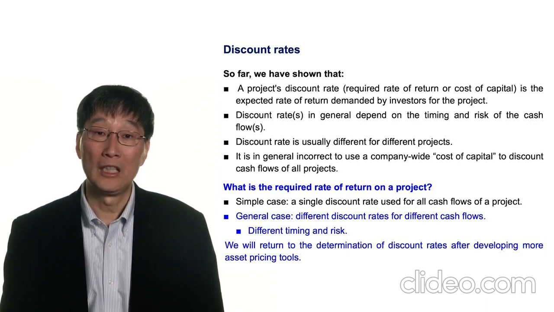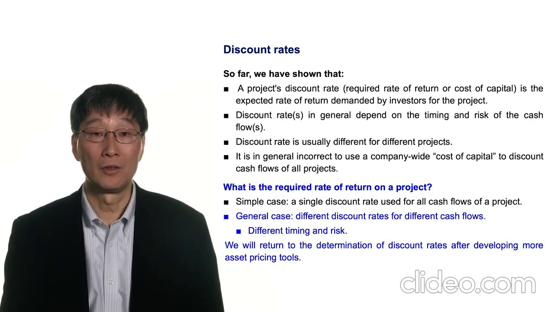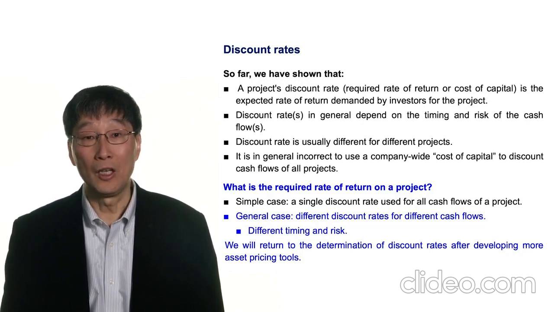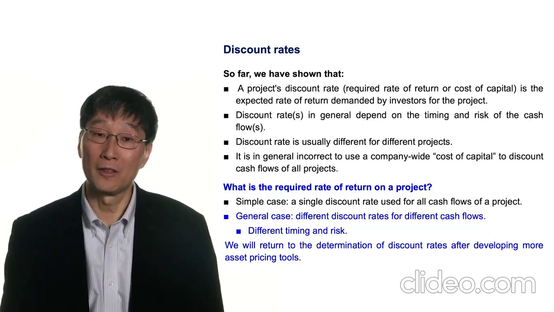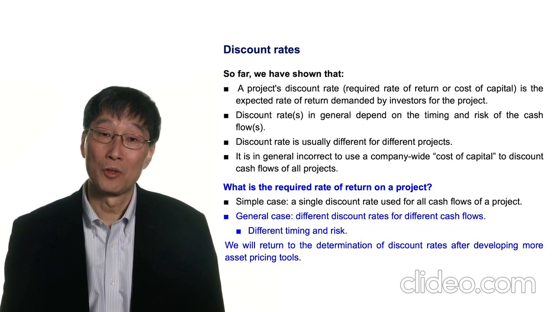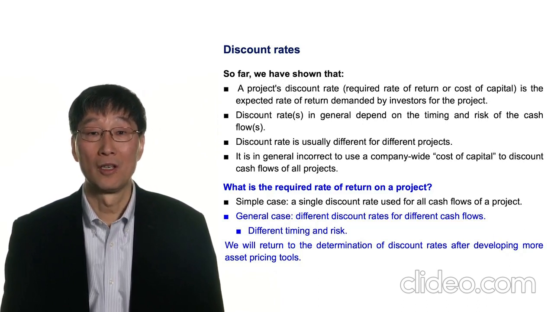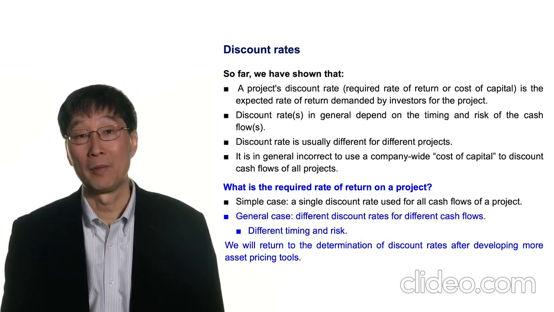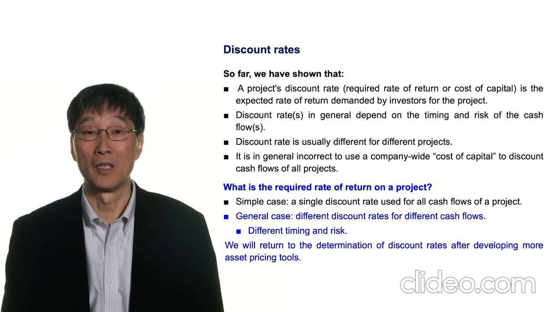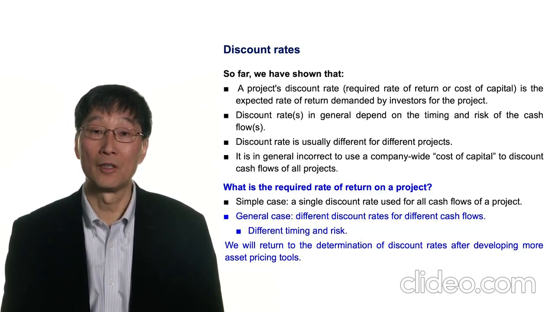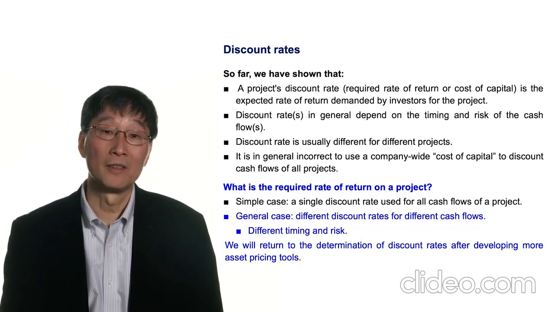For example, even with safe cash flows, $1 in different years should be discounted at different interest rates if the term structure of interest rates is not flat, as we have learned from the fixed income market. We will return to the determination of discount rates later by applying the risk analysis and asset pricing tools we have been developing. But in this lecture, we will use a single discount rate mainly for simplicity.